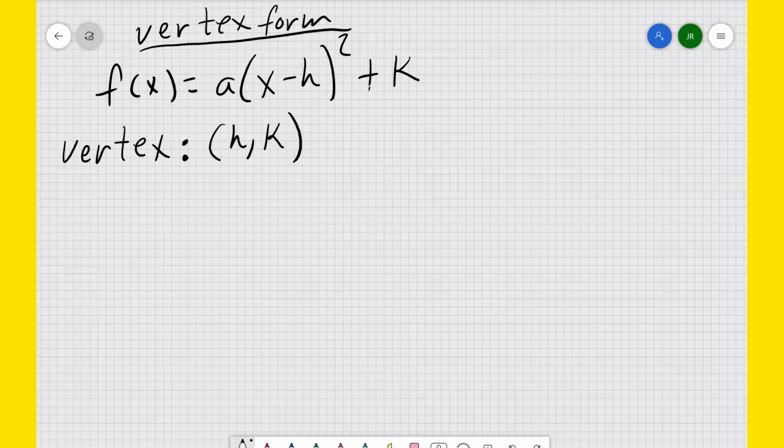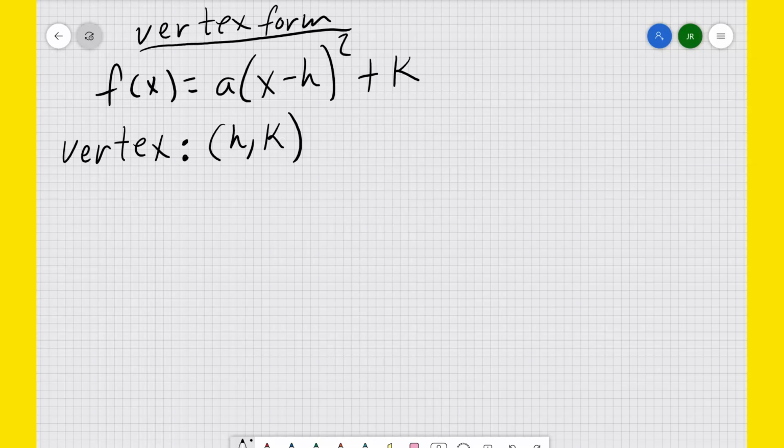And whatever number is outside of the parentheses, whatever number comes after the squared exponent, that number is the y coordinate of the vertex, and it's not the opposite. Notice this is plus k, it's a positive k. This is also a positive k as the vertex.